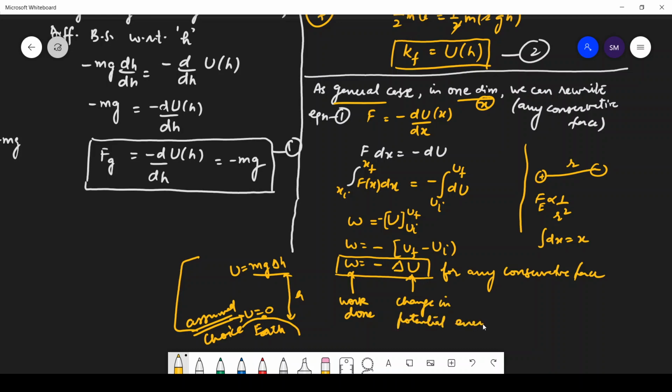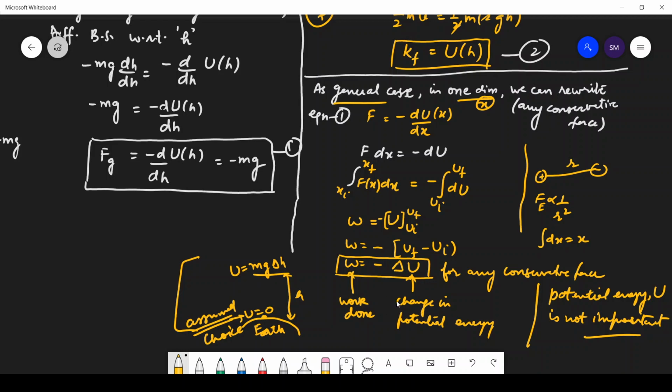So potential energy, only U, is not important. What is important is the change in the potential energy. For us, that is the work done.